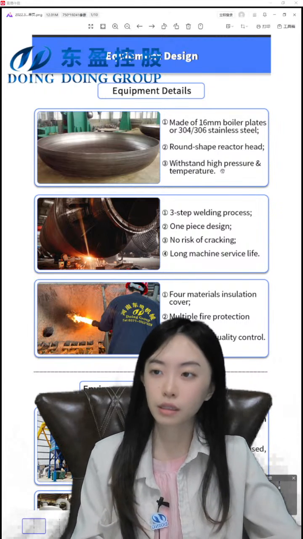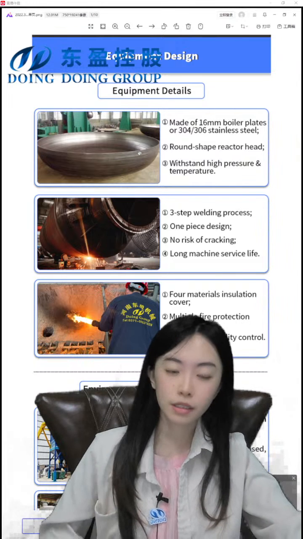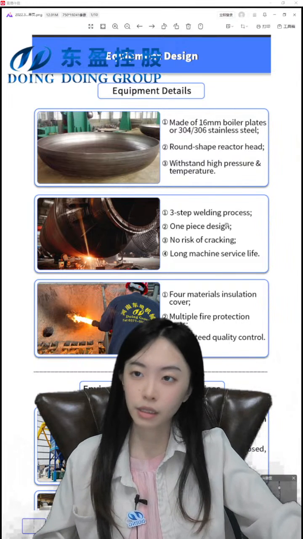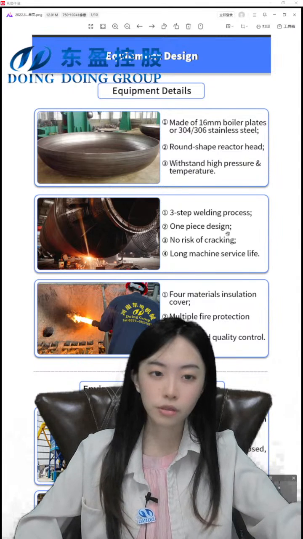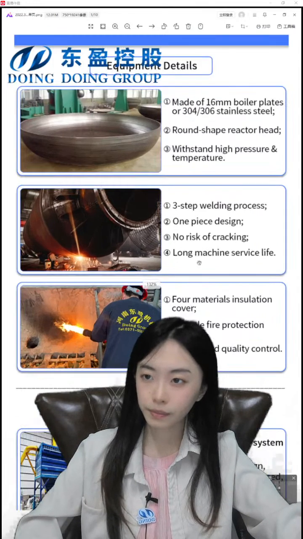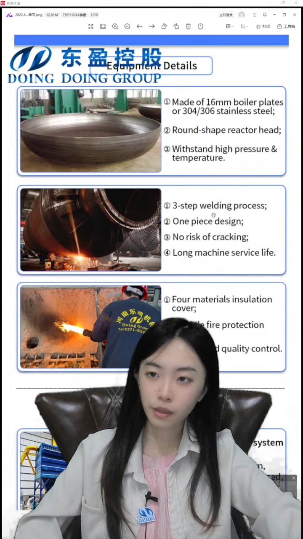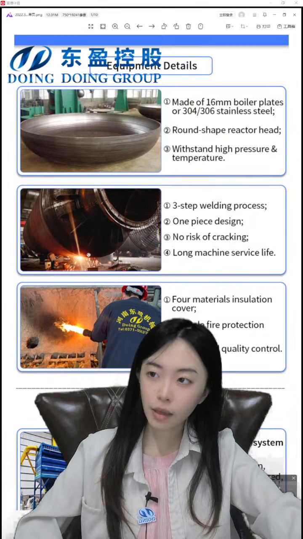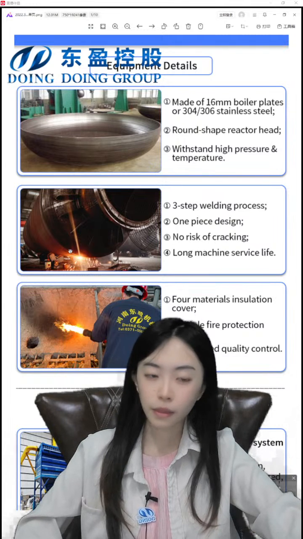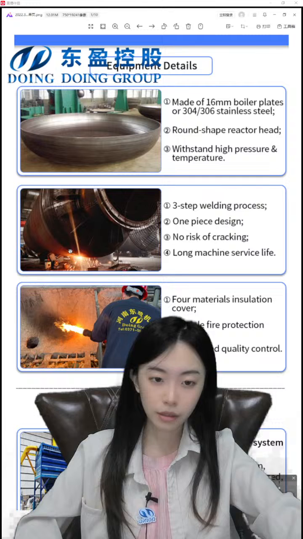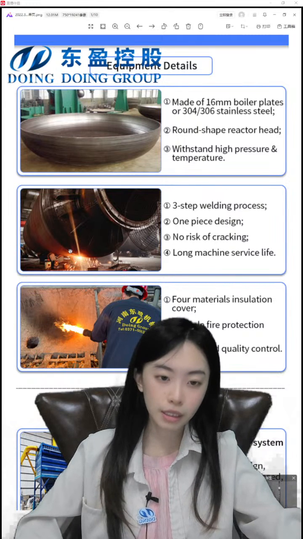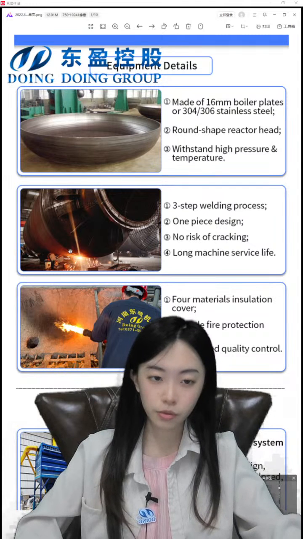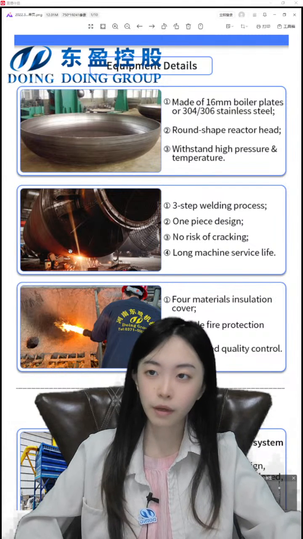This is 16 millimeter thick. This is the reactor, and then I have introduced the welding system. It has a 3-step welding process. First we use the welding machine to weld it, and it's more resistant than other kinds of welding done by workers.